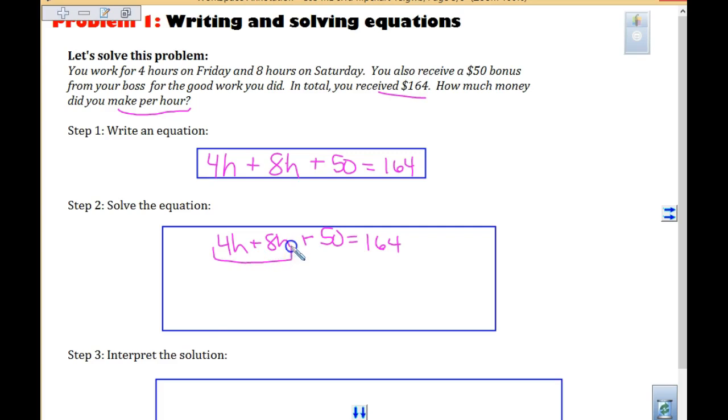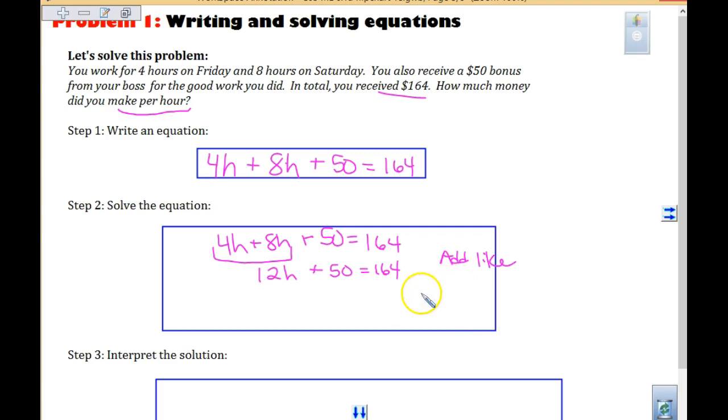We are now going to add these two together. They're on the same side of the equal sign. Those are our like terms. Yesterday, when we were working with the algebra tiles, we combined those. 4H plus 8H would give us 12H. So we worked a total of 12 hours plus $50 to give us 164.